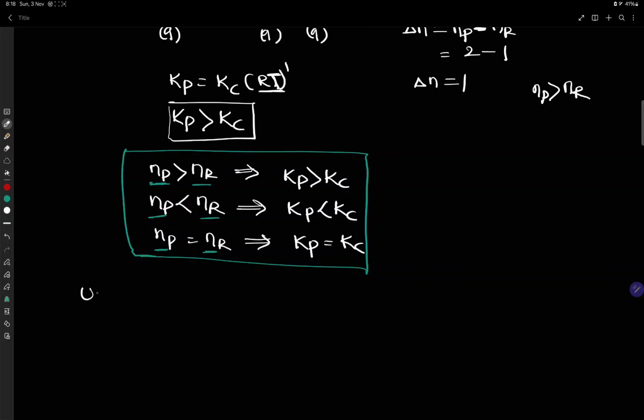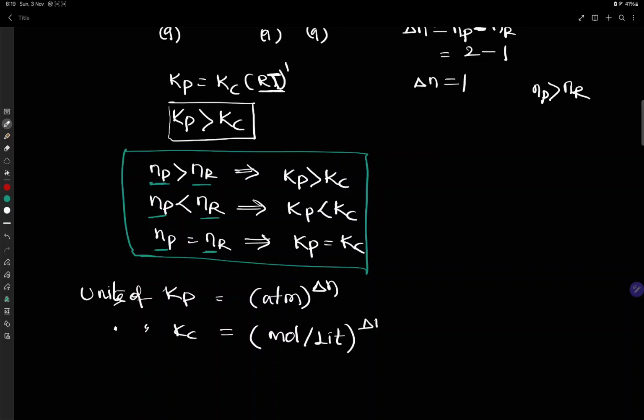Units of Kp are partial pressure units, atmosphere power delta N. Units of Kc are moles per liter power delta N, where liter is denoted with capital L. That means the Kp Kc relation depends on delta N, and the units of Kp and units of Kc also depend on delta N.